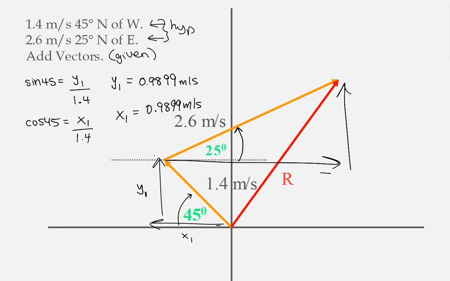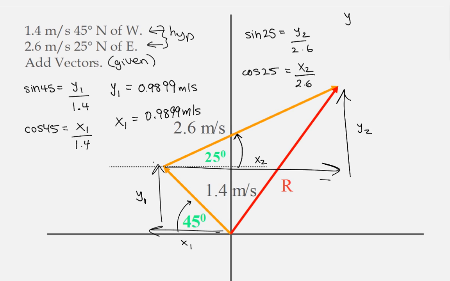All right, let's do some trig on this triangle. Call this one x2, call this one y2. Sine 25 will be y2 over 2.6. It follows that cos 25 is x2 over 2.6.